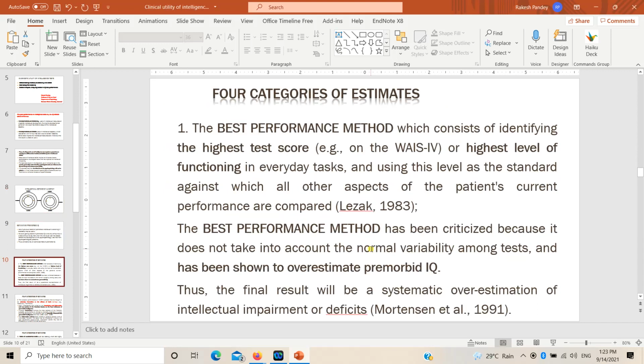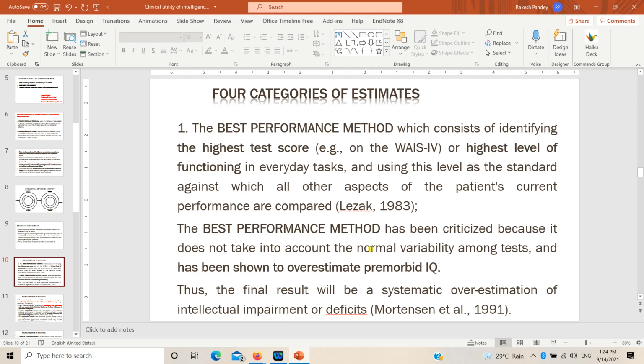In this approach, we assume that the individual's highest score on one of the subtests of any intelligence test, say for example Wechsler Adult Intelligence Scale 4, may be considered equivalent to the highest level of functioning in his or her day-to-day life, and this may be used as an estimate of premorbid IQ.